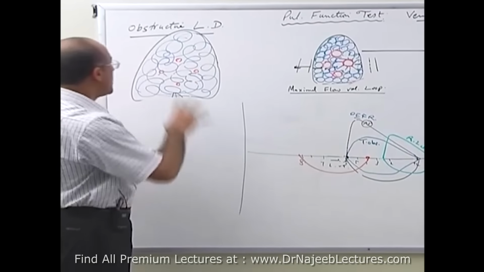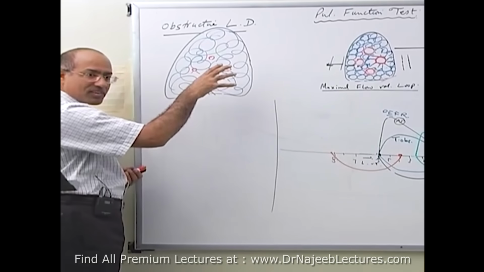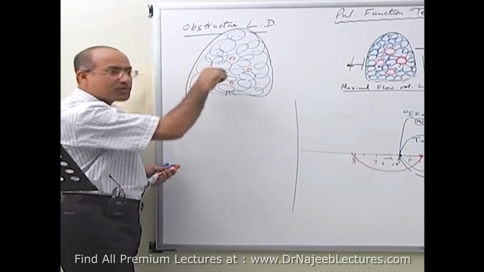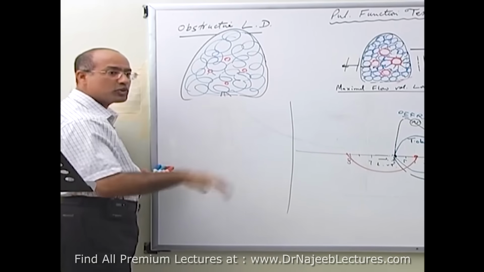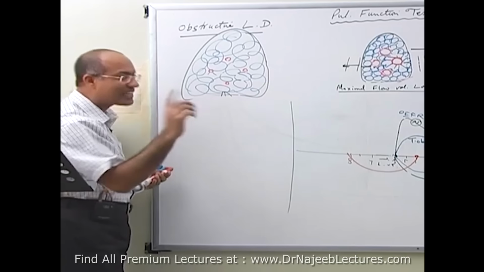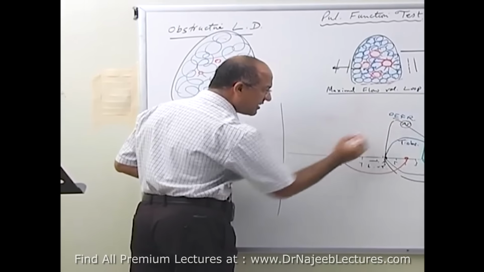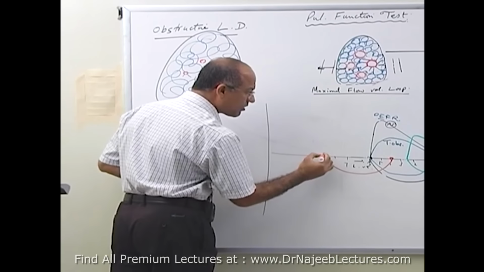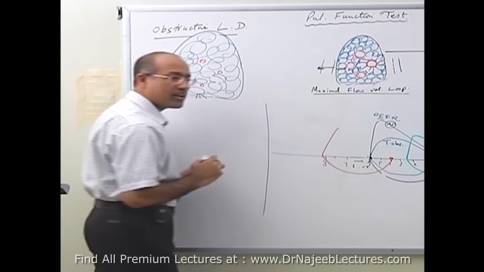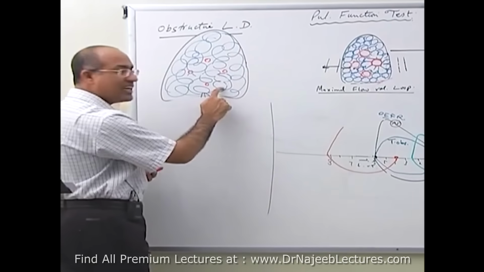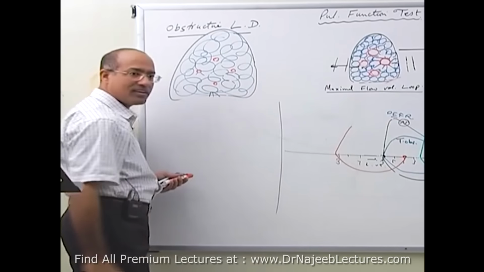Now the problem will occur. When it blows out, because the airways are somewhat obstructed even from the beginning, do you think air will come with very high velocity or relatively low velocity? Relatively low. So rather than like this, it will be a little like this. Number one, do you think the peak expiratory flow rate achieved here can be equal to this one?